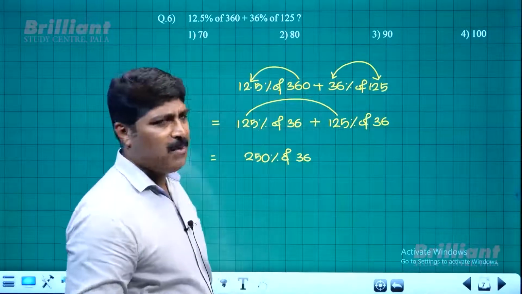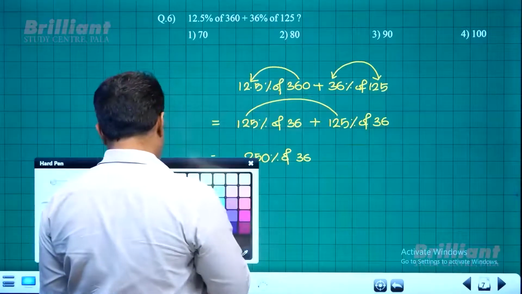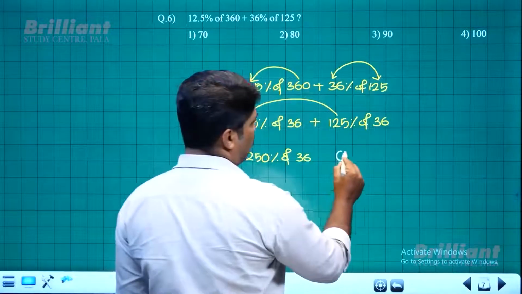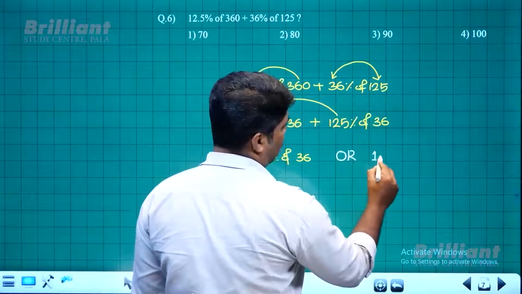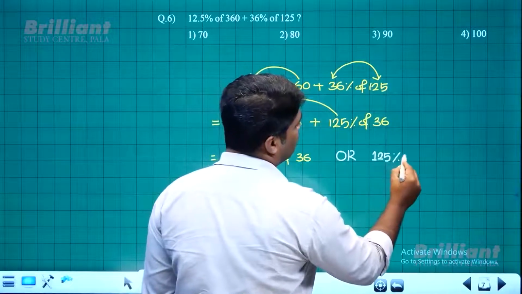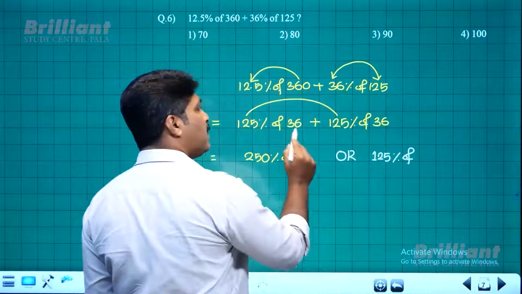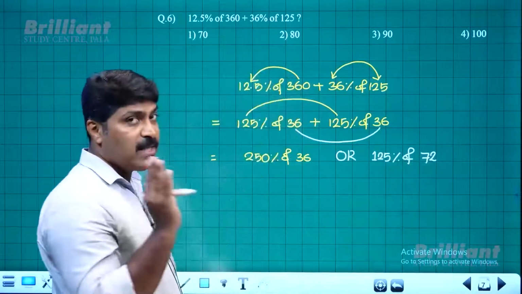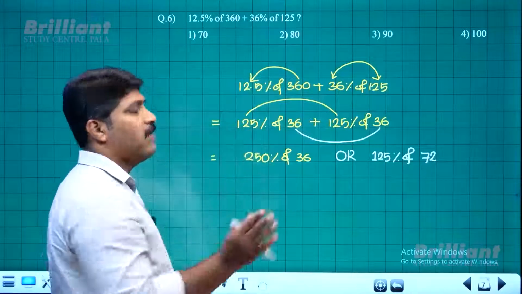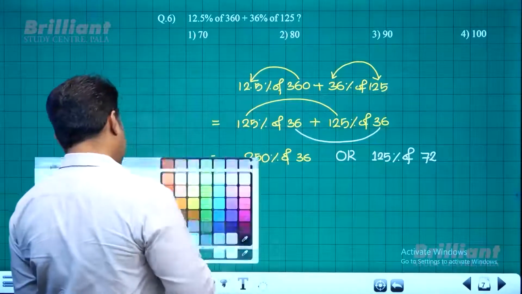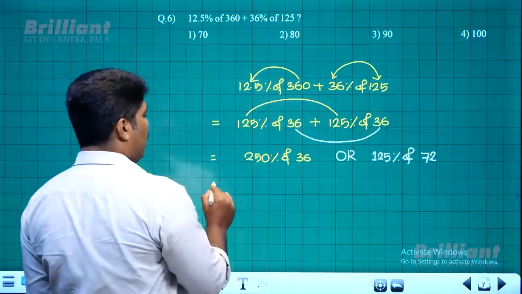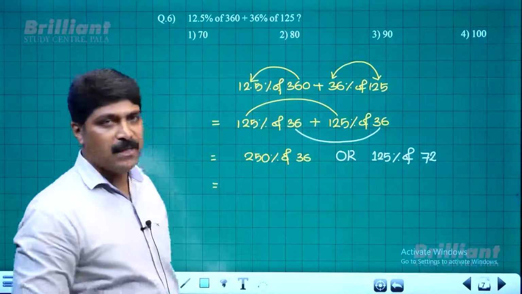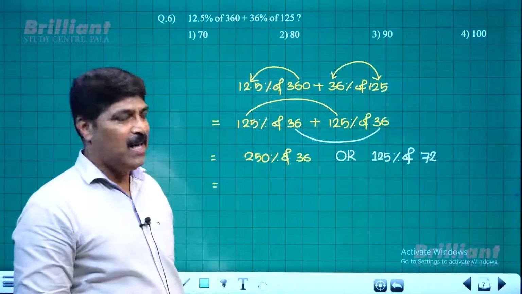Either one among them, or you can write it in the form 125% of, and here we are adding 36 plus 36, 72. One method at a time. So never add both the values. Got it? So then, what is the next step? If you need to consider 250% of any value, that's quite simple.